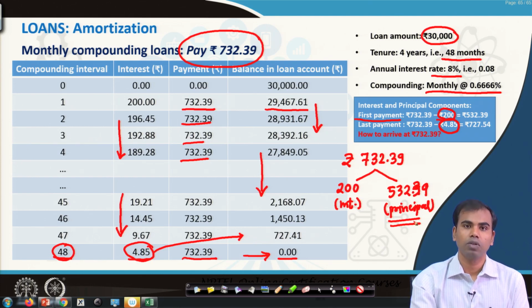So, that is how loans are paid off when the amount of payment paid to the lender by the borrower is more than the interest due on that particular loan account. This particular process is known as amortization.